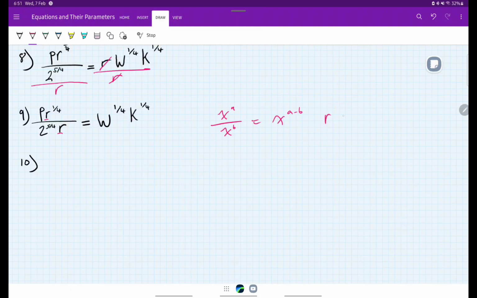So we have r to the 1/4 minus r to the 4/4, r to the negative 3/4. 1 minus 4 is negative 3. Get p, that r's gone.